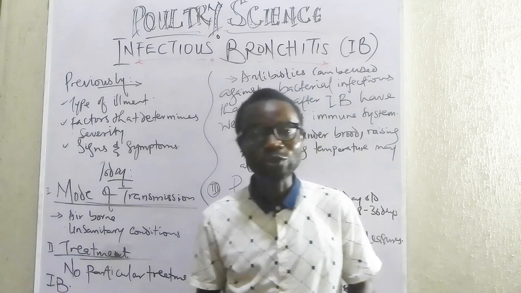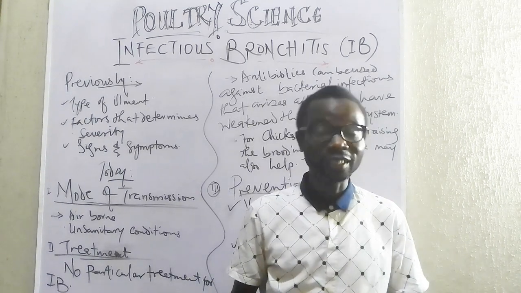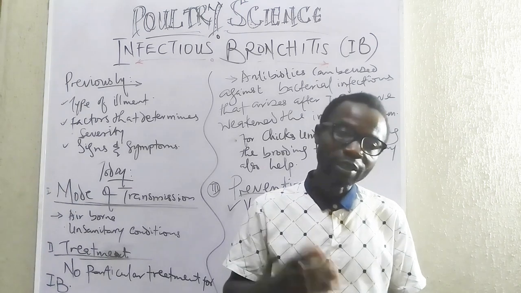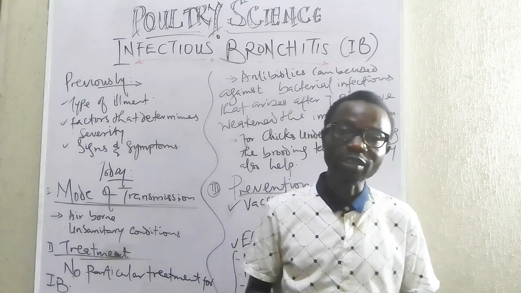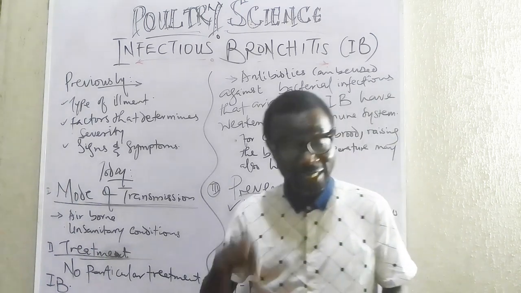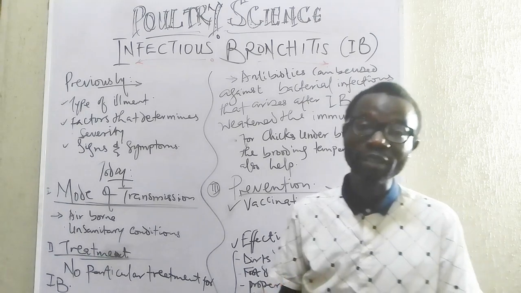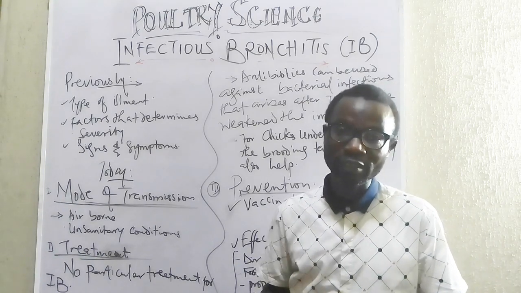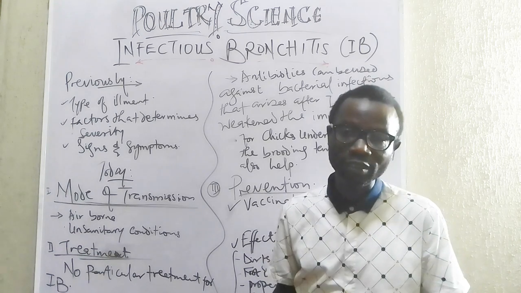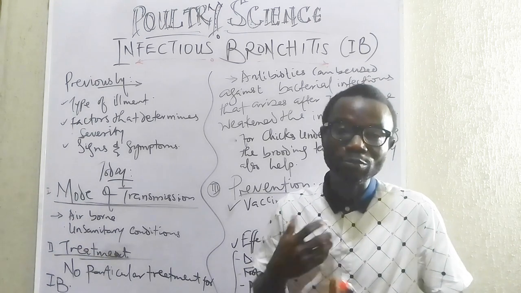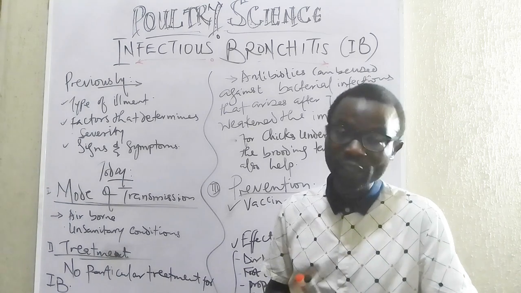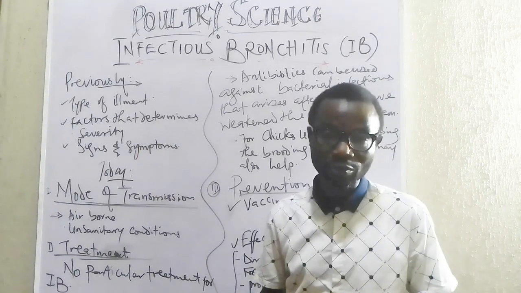Now, today we continue on what we started last week, the last class. That was infectious bronchitis. We said previously that it is actually a viral disease. That is a virus causing the disease, and it's a respiratory disease. That is, it affects the respiratory tract and also causes difficulty in breathing, in which case we looked at the signs and symptoms.